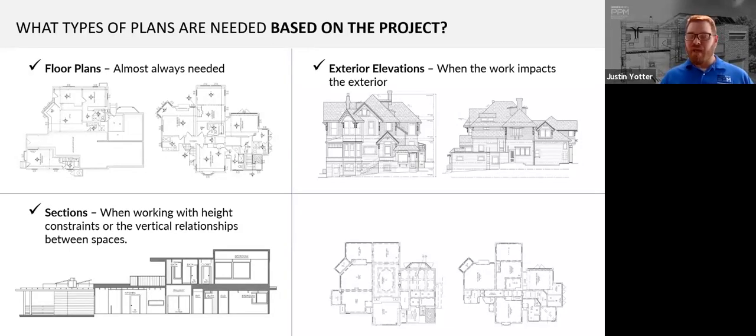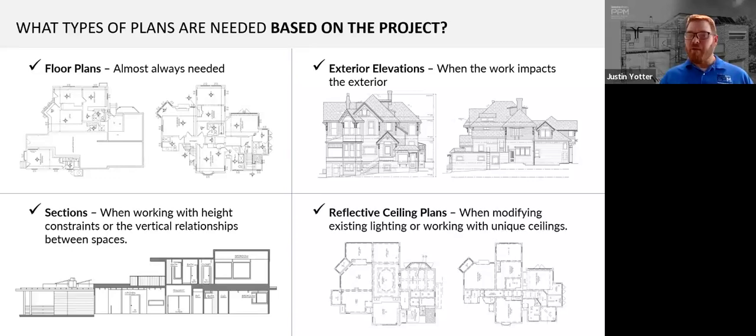Sections when you're working with height constraints or vertical relationships between spaces. And reflected ceiling plans when modifying existing lighting or working with unique ceilings. It is ultimately up to you as the architect to decide what the scope should be for your as-built plan set, or consult with your engineer as well on what is needed.